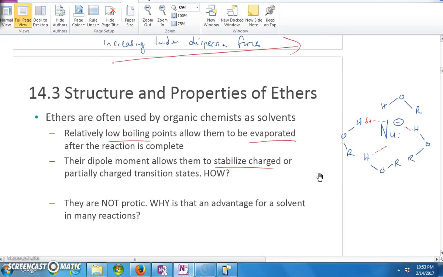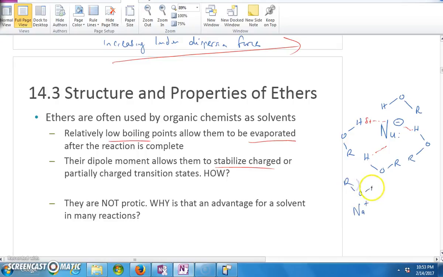Now, ethers are often used by organic chemists as solvents. You learned in Chem 12A that ethers are used in SN2 reactions because they help to free the nucleophile. They help to free the nucleophile by arresting the counter ion.